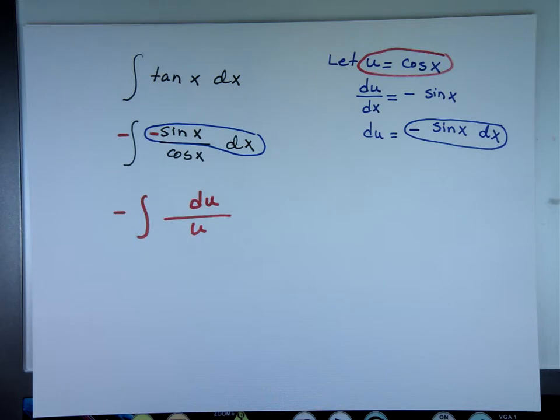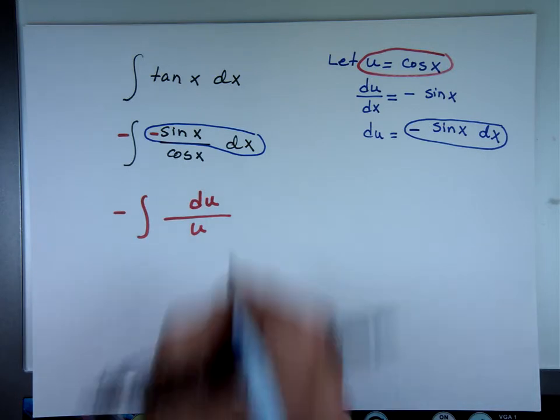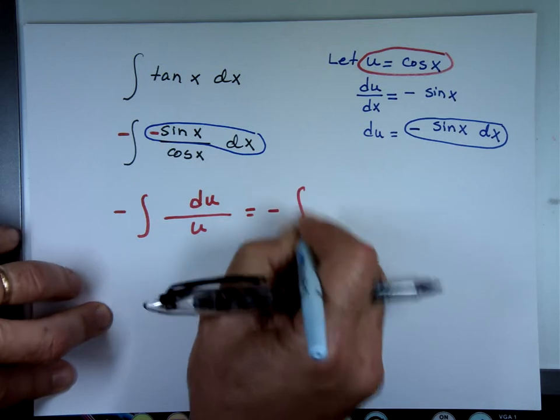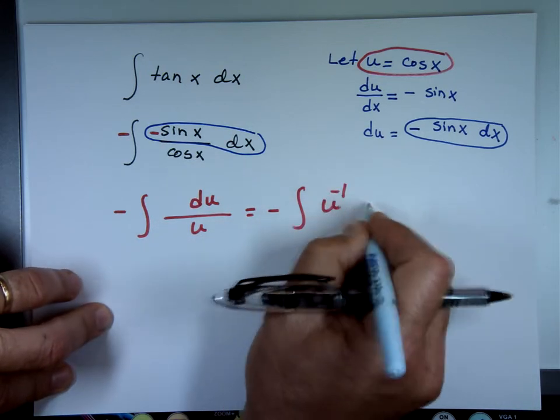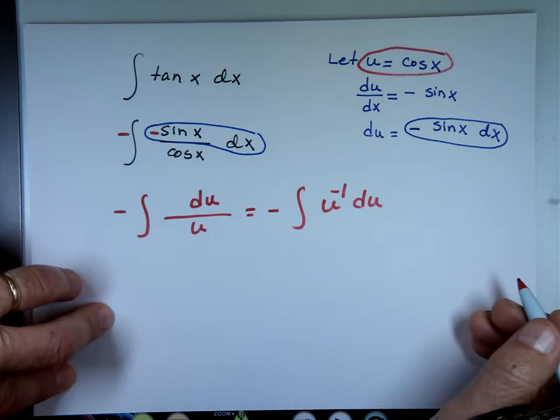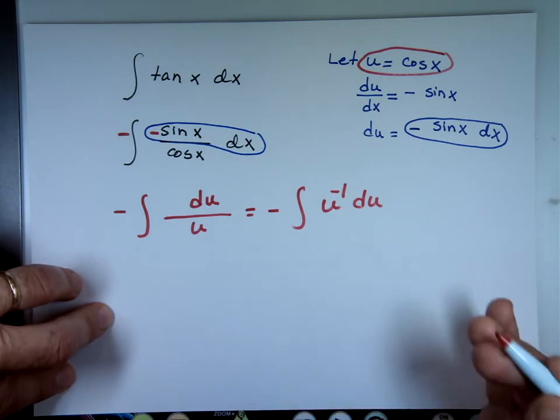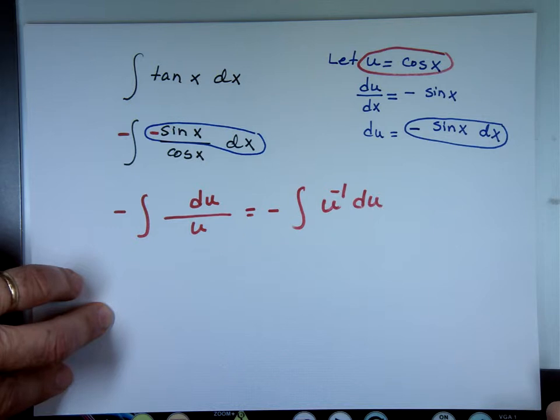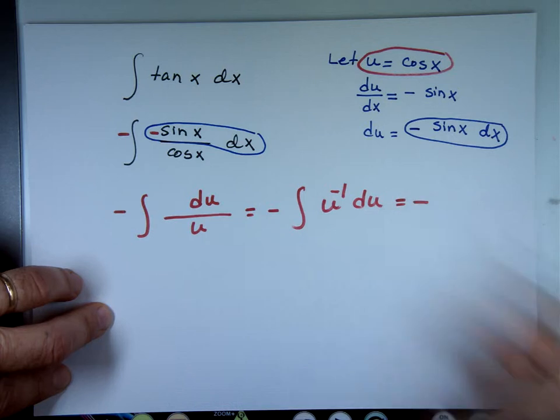Now, can I integrate this? This is the minus, the integral of what? u to the minus 1, right? You can't use add 1 to the power and divide by the new power. That does not work when the power is minus 1. So what's the answer when the power is minus 1? It's the natural log.